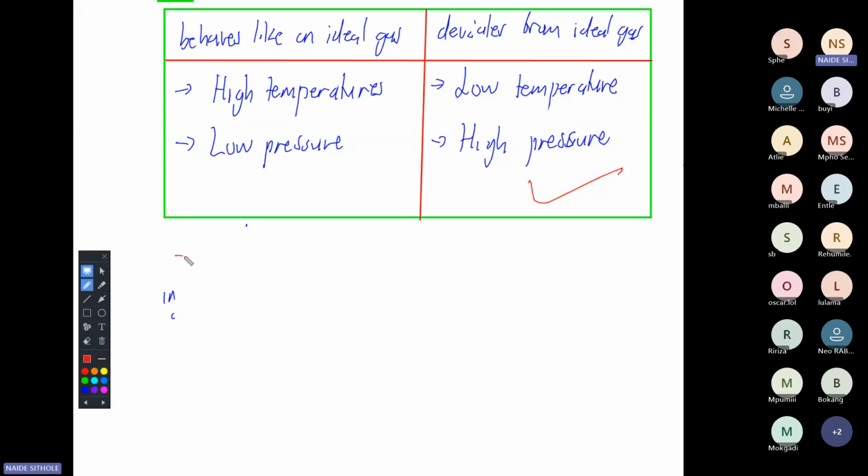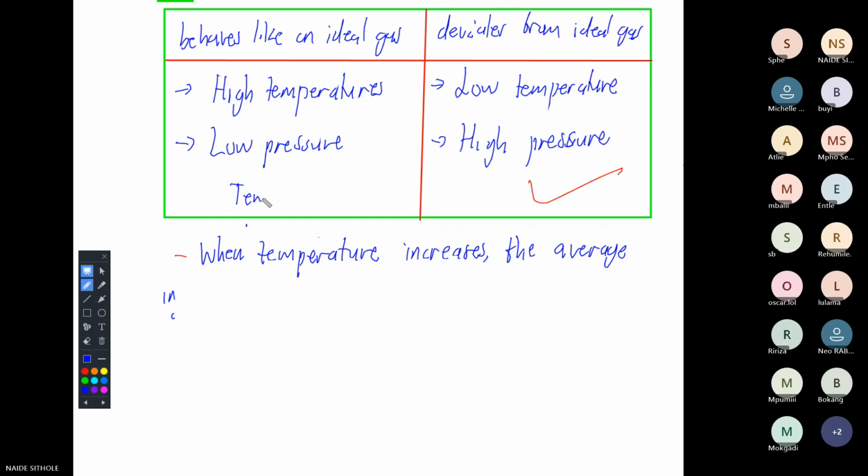So we say, when temperature increases, the average kinetic energy, remember, temperature is directly proportional to the average EK, right?